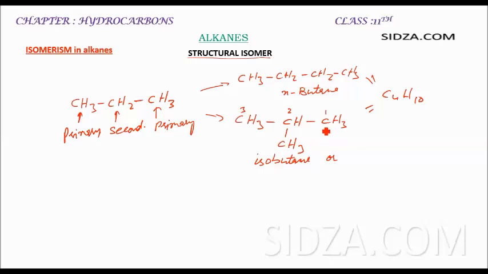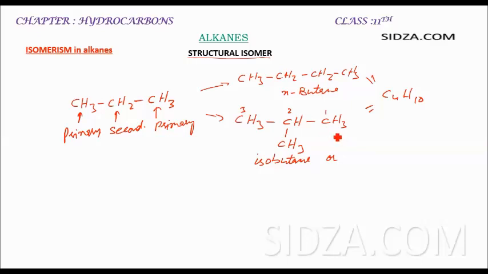So that means alkanes exhibit structural isomers, and among the structural isomers, it is chain isomerism. As I said, I highly recommend you go through my videos on isomerism in hydrocarbons, where I have explained the different types of structural isomers. Over here, this is a chain isomer.